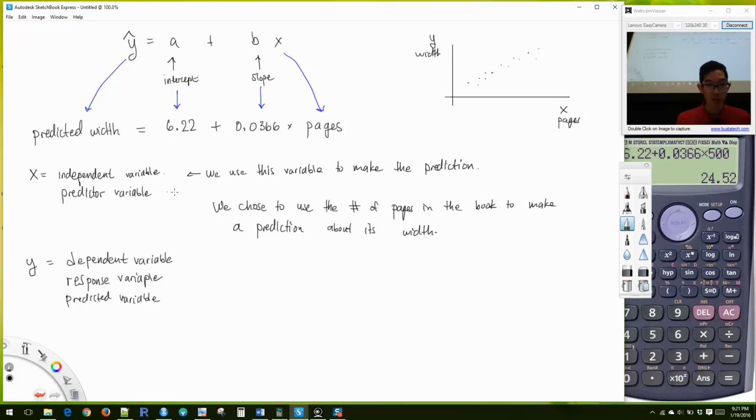I'm sorry, I forgot one thing over here: explanatory variable. This is the variable we are predicting, basically.